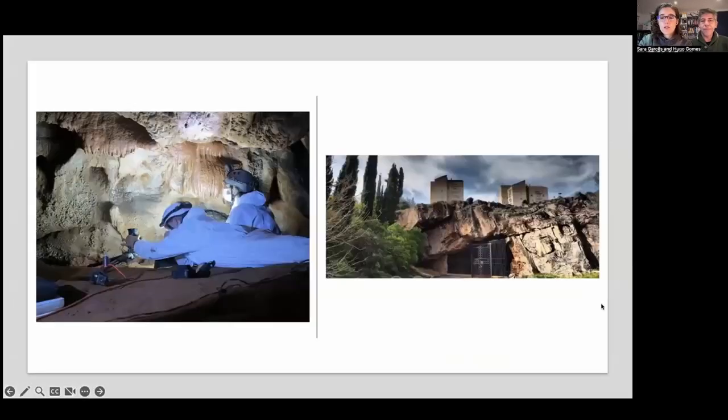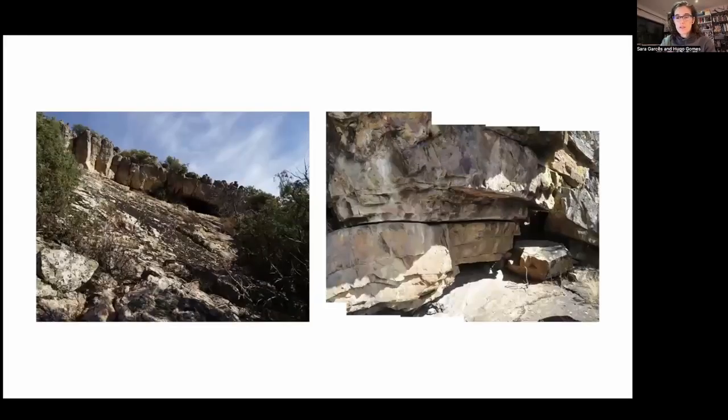So today I'm going to start by explaining that, generally speaking, and most of you will know, rock art can be found in many different types of sites. The two most obvious, and probably where we can find most of the rock art, are caves, like this one, Maltravieso cave in Spain, and open air sites.